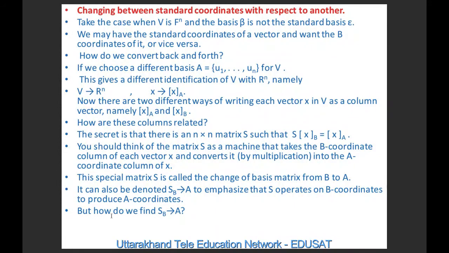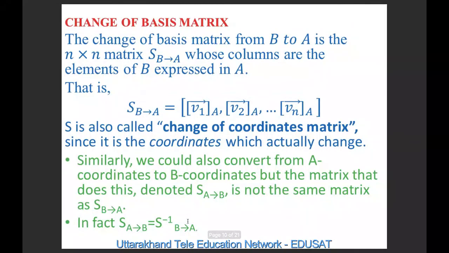But how do we find this S which converts B coordinates to A coordinates? The change of basis matrix from B to A is the n by n matrix S from B to A whose columns are the elements of B expressed in A. So the S matrix from B to A, the change of coordinate matrix, is nothing but [v1]A, [v2]A, ..., [vn]A.